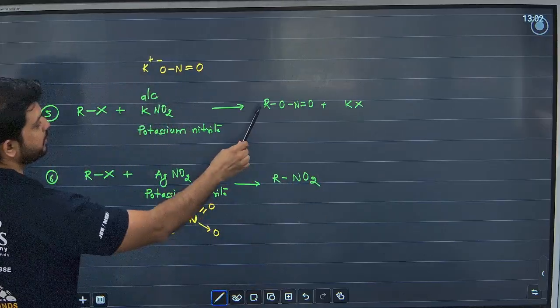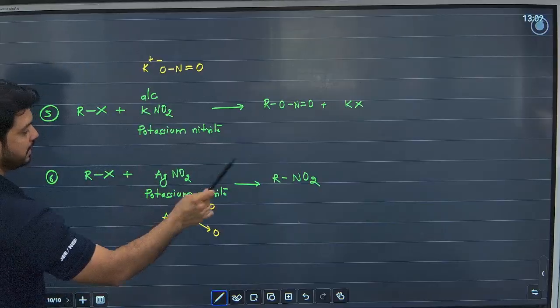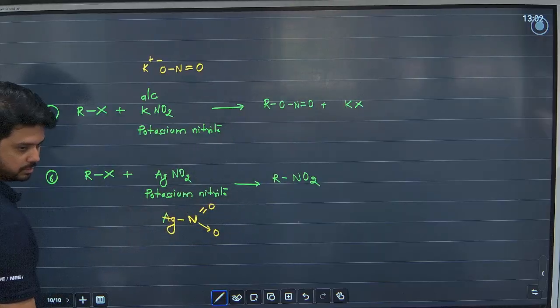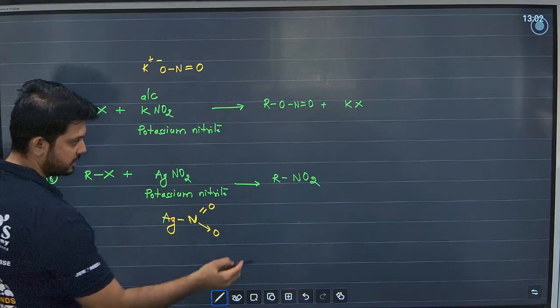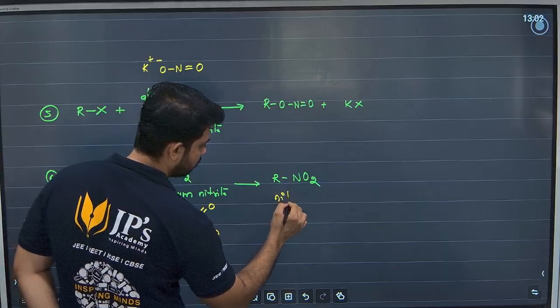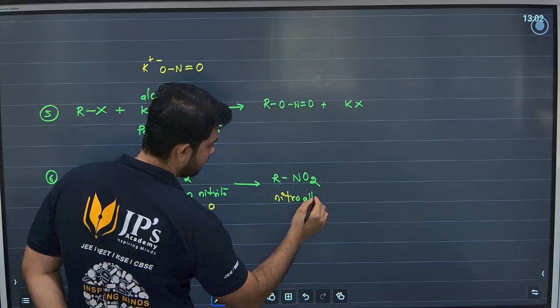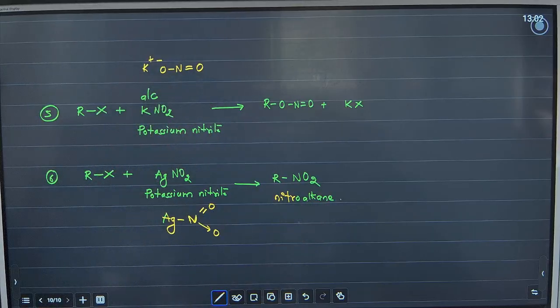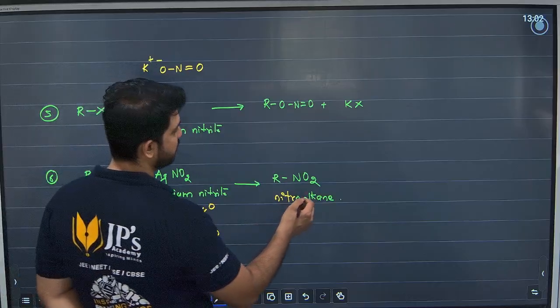So the alkyl group here is bonded to O, but the alkyl group here is bonded to N. Both look like RNO₂, but दोनों में difference है. This will be called as nitroalkane. नाइट्रो नाइट्रीटो कुछ याद है क्या वो?